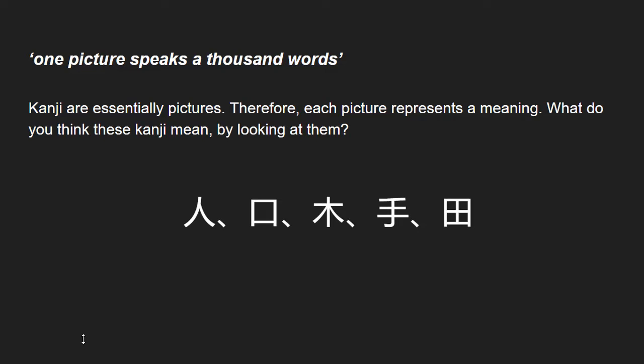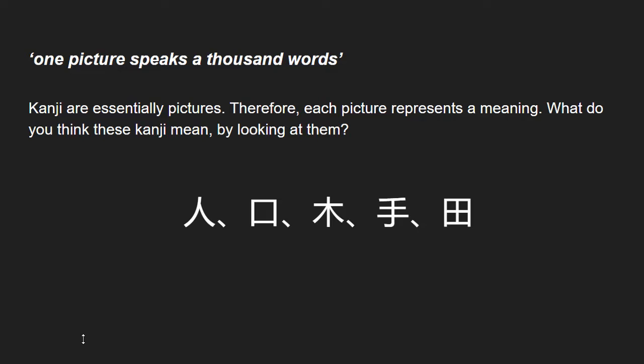I wonder, by just looking at it very literally, can you guess the meanings of the kanji? You can just comment down in the Japanese learning section what kanji you think that is. But yeah, kanji can be pretty much as simple as this, or really complicated.